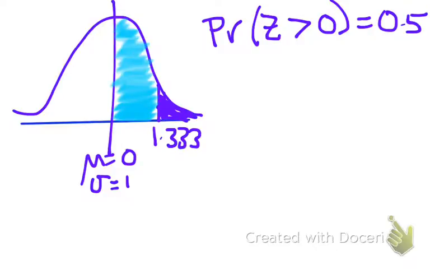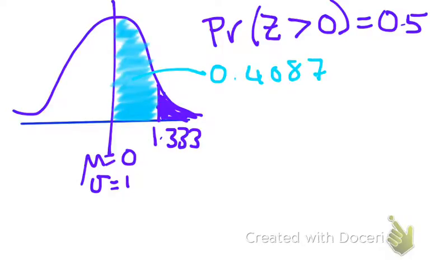So if I was to look and find how big this shaded area here is from my table, we would find that that area is 0.4087.